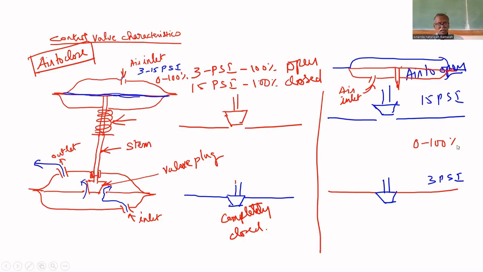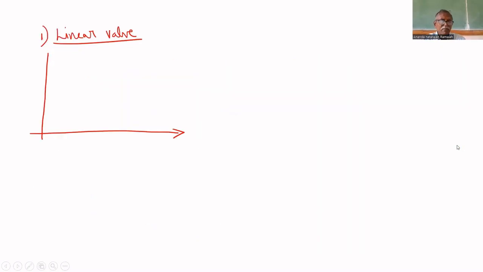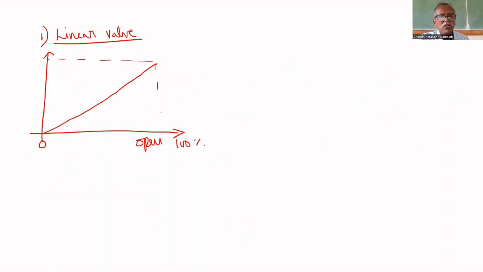So here also 0 to 100%. Linear means, for opening on the x-axis, 0 to 100% opening, the flow rate varies linearly like this. Flow rate also varies from 0 to 100%.